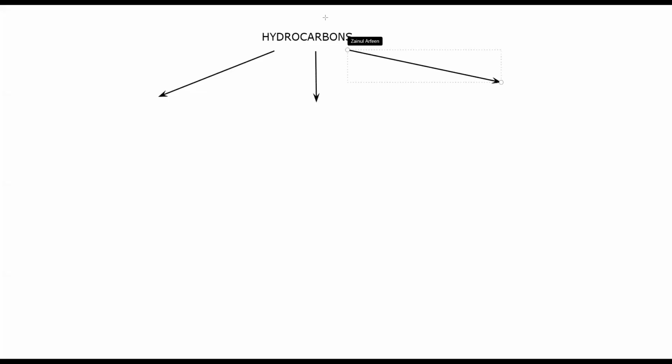Then these hydrocarbons can be a straight chain, it can be a branched or a cyclic.